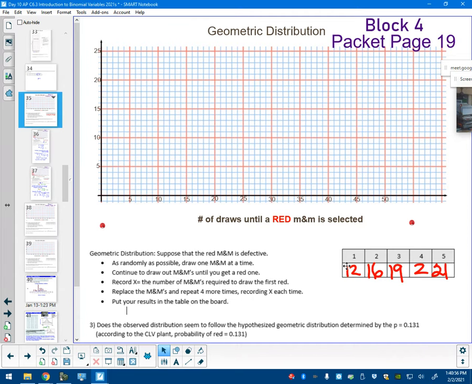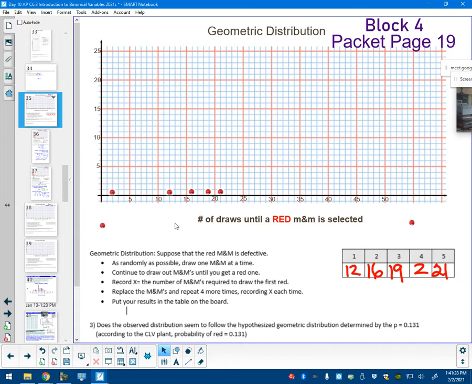All right, so we're going to go around the room again, but we'll start in the middle. Let me get mine on here first. All right, so now we're going to start in the middle.